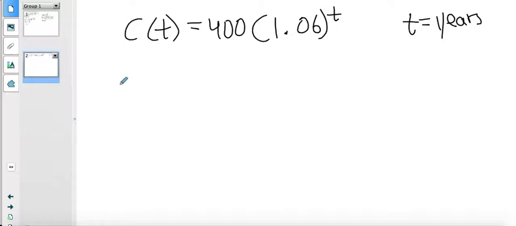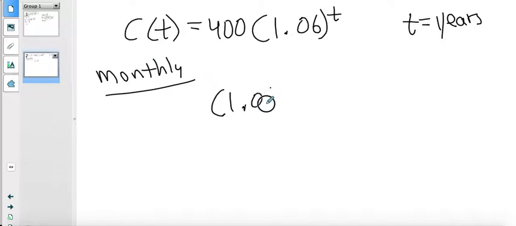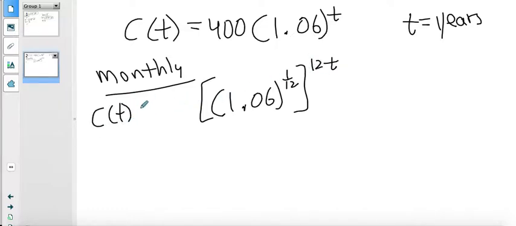In a month, if I want it in terms of the monthly rate, right? A month is less than a year, so I'm not going to raise to the 12th power. I'm going to raise 1.06 to the 1/12th power, right? But if I still want to keep it in terms of years, 1/12 needs to be raised back to the 12th power. So C of t would equal 400 times this value.